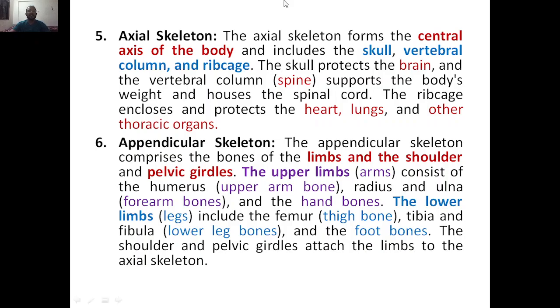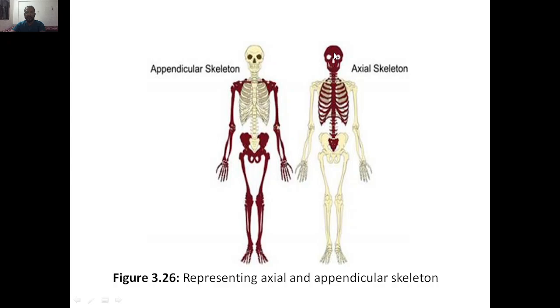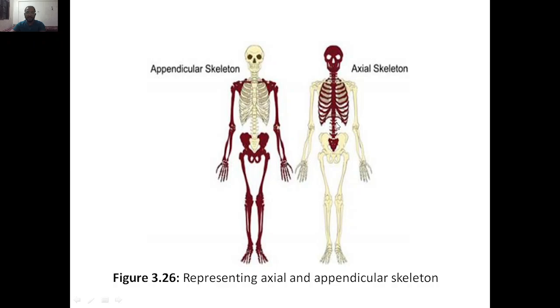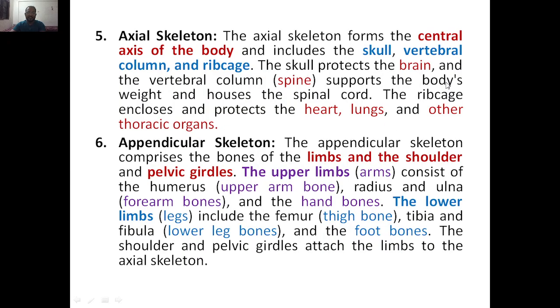So axial skeleton is a skeleton that forms the central axis of the body, that includes skull, vertebral column and rib cage. So all these things come under axial. Okay, skull, all the ribs, and as well as we are having the vertebral column here. Okay, this is axial skeleton. Next, the skull protects the brain.